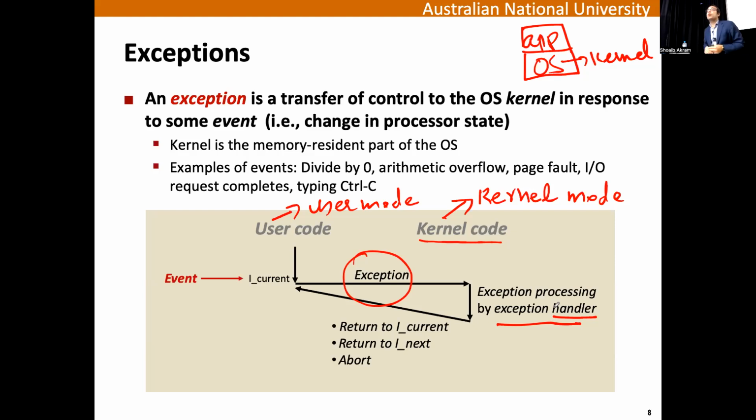Others handle it more gracefully, and they re-execute the instruction. So depending on the scenario, you may or may not return back to the same instruction. And then you execute the instructions in the control flow of the program.